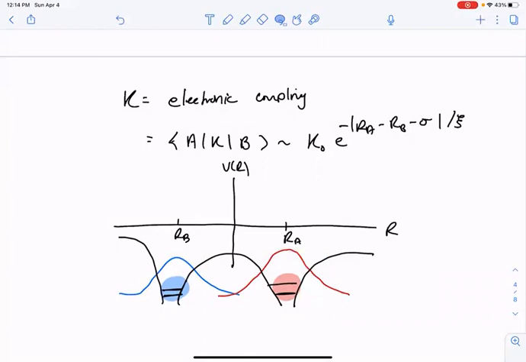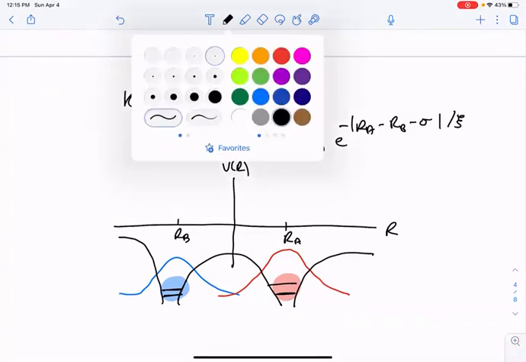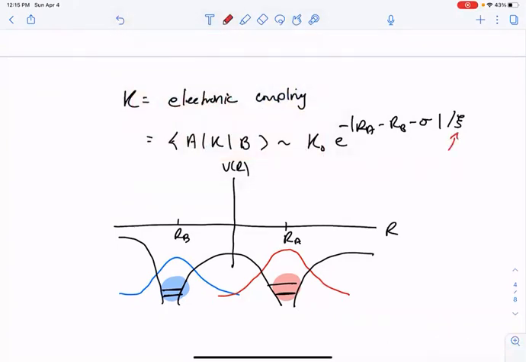And as the decay of wave functions is asymptotically exponential, that's why we would expect it to be exponentially decaying as the donor and the acceptor, the red and the blue, get further apart. The typical scale for this rate of decay is about an angstrom. So atoms in the two metal centers can't get too far away from each other. The typical size of closest approach, the sigma, is maybe about a nanometer.